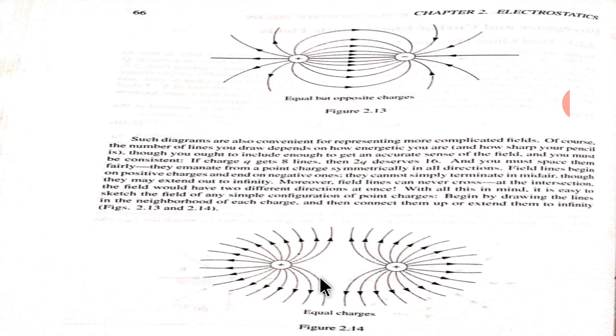And if we consider both negative charges, then the direction is only towards the center, nothing else is different. So these field lines are most important in electrostatics, which give information about the electrostatic fields.